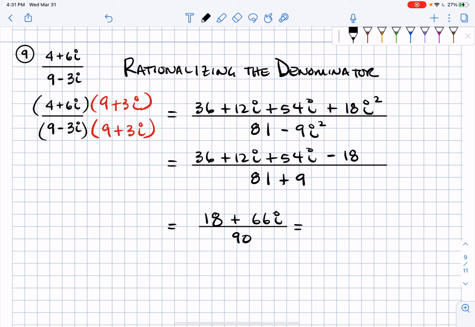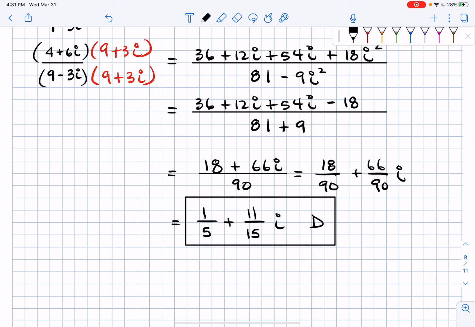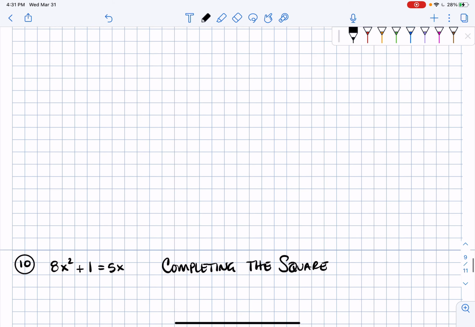So what I have now is 18 divided by 90 plus 66 over 90 i, which both of those fractions reduce, and it's going to reduce to 1/5 plus 11 over 15 i, which is choice D. And there we go. On to number 10.